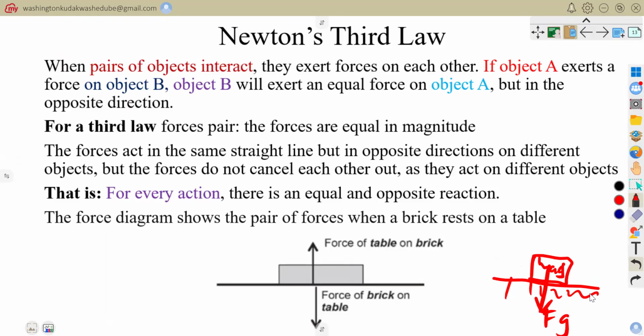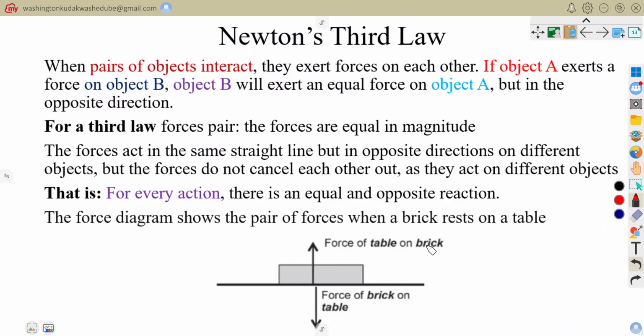It means that this surface exerts an equal but opposite force, which we term the normal force, which is the force of the table, or the surface, on the object. So here, let's say you have a brick that is resting on a table.